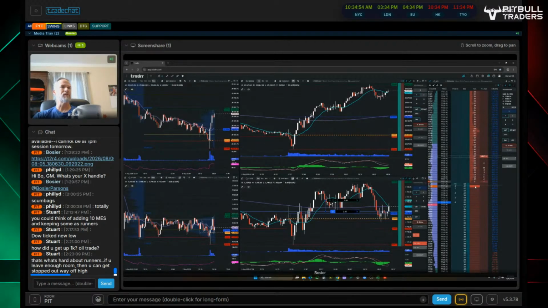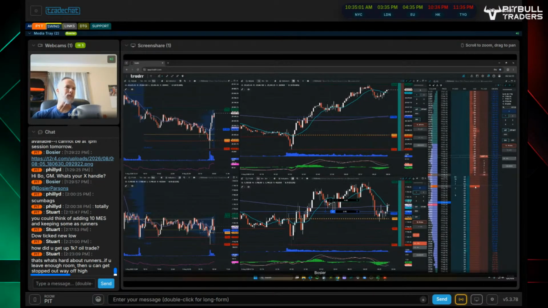It's that 57 level again. So if it can hold there, we're getting a little bit of an uptick. Lots of stops above that NQ high. So it could get pretty gnarly again to the upside if NQ starts to really go again here.